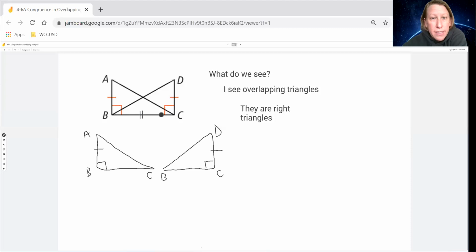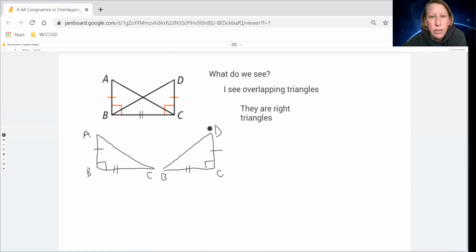So from B to C, which would be right here, is the same as from B to C. It's messing with my mind a little bit.